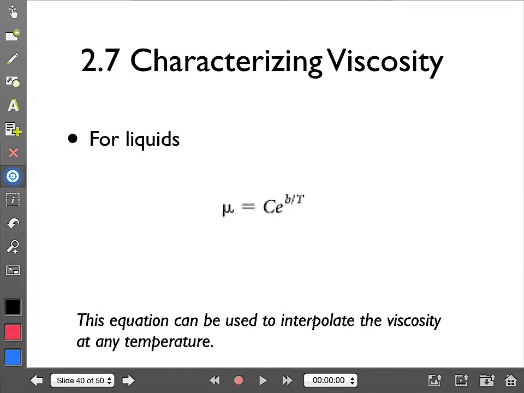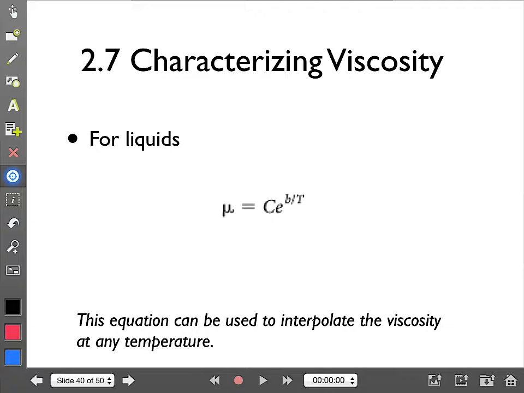Another thing that I want to just mention quickly is that for many liquids, the viscosity will behave in this way. We'll have this sort of temperature dependence. And this equation can be used to interpolate the viscosity at any temperature, or at least where this equation is valid.